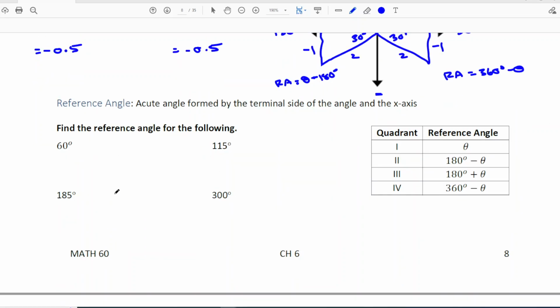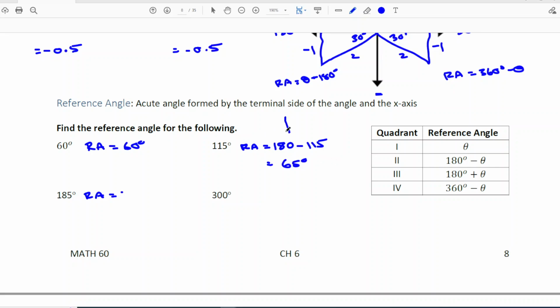So I've got an angle in each of the quadrants, and I want you to figure out what's the reference angle. So for this one, you're in quadrant 1, so 60 degrees would be the reference angle. For this one, you're in quadrant 2. So to find the reference angle, you would do 180 minus 115, which gives you 65 degrees, right?